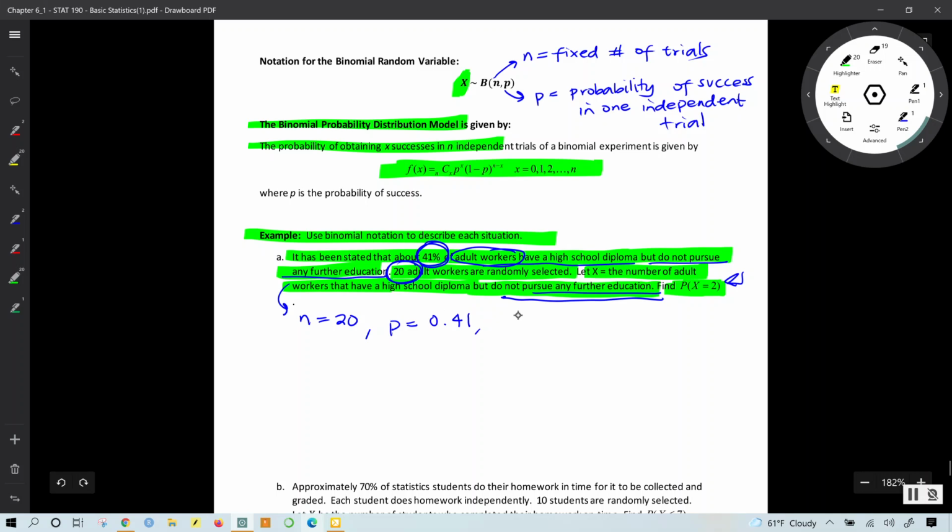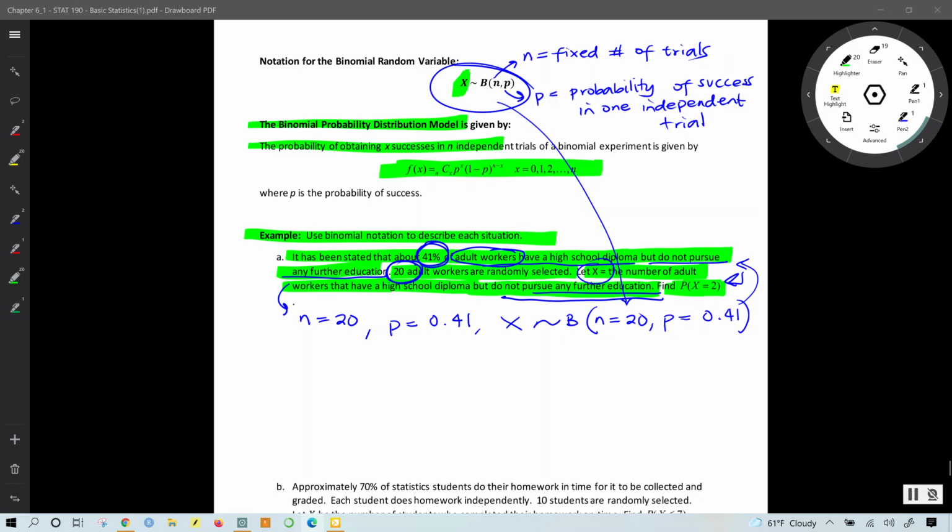And so we can say that our X in this case follows what? The binomial distribution, where n is 20, just as illustrated here, and p is equal to 0.41. This is a summary of the scenario.